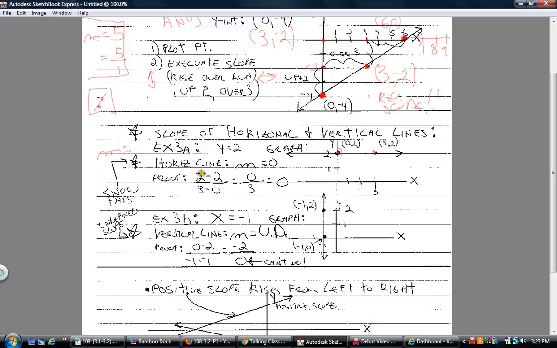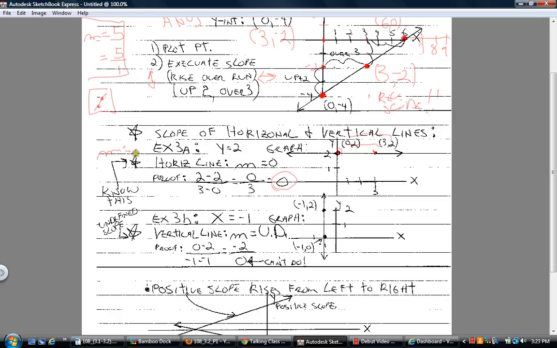So I took the y coordinates and I took 2 minus 2, and I got 0. I took the x coordinates, which is horizontal, and I took 3 minus 0, and I got 3, and I got 0 divided by 3, and I got 0. So every horizontal line you're going to ever graph, the slope of it is 0.